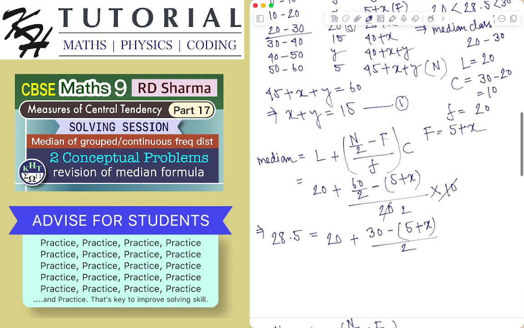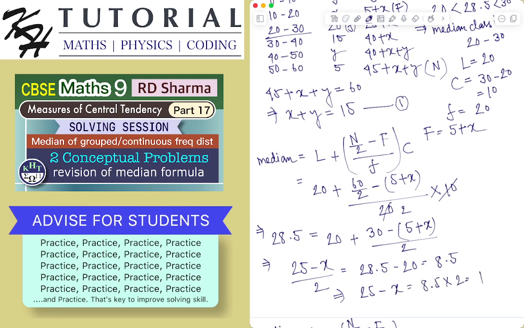Okay, so this implies 30 minus 5 plus x is 25 minus x, divided by 2, is equal to 28.5 minus 20, which is 8.5. Doing cross multiplication, I have 25 minus x is equal to 8.5 multiplied by 2, which is 17.